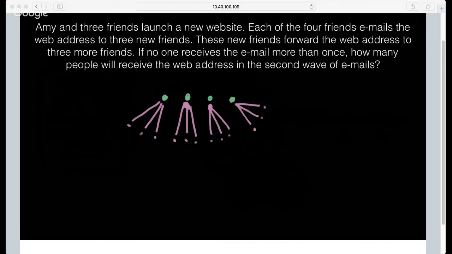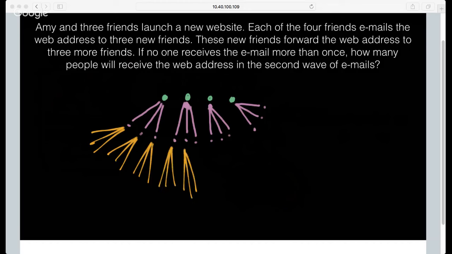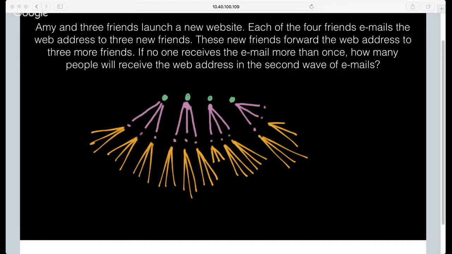So these 3 new friends, 1, 2, 3, 1, 2, 3, 1, 2, 3, 1, 2, 3, I'm going to run out of space. 1, 2, 3, 1, 2, 3, 1, 2, 3. Something like this. These were the new friends, and they forwarded out to 3 more friends.